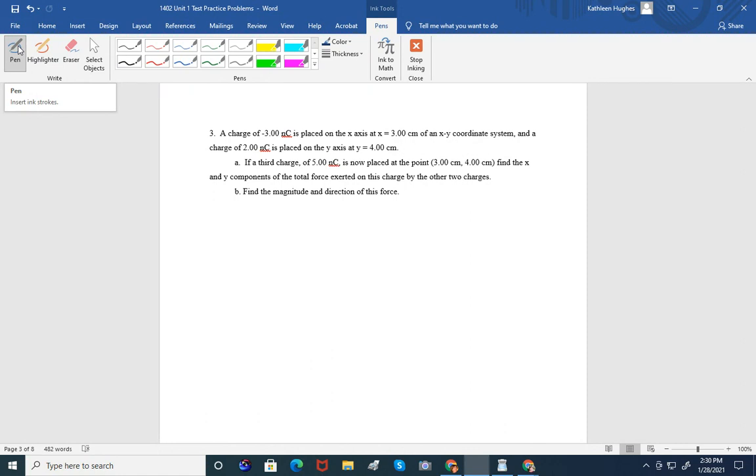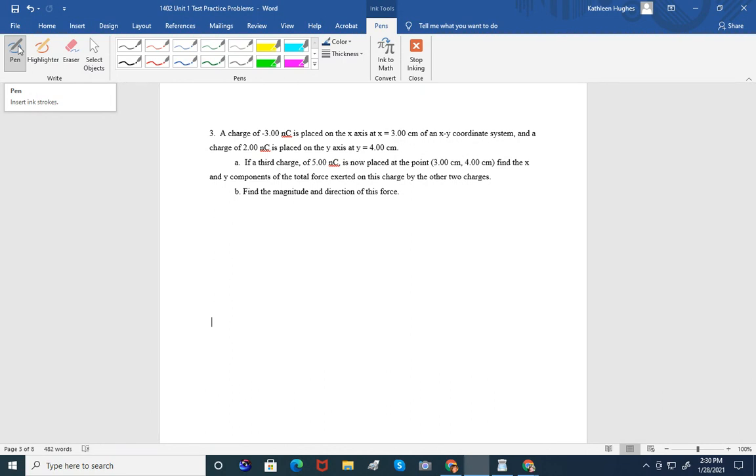If a third charge of 5 nanocoulombs is now placed at the point 3, 4, find the x and y components of the total force exerted on this charge by the other 2 charges. And then we're going to find the magnitude and direction of that total force.